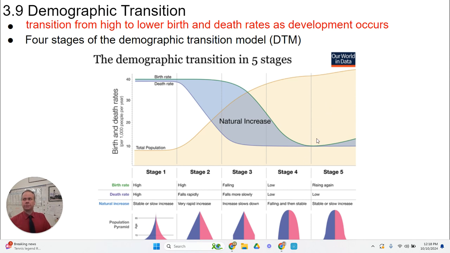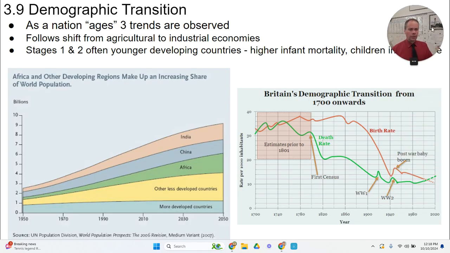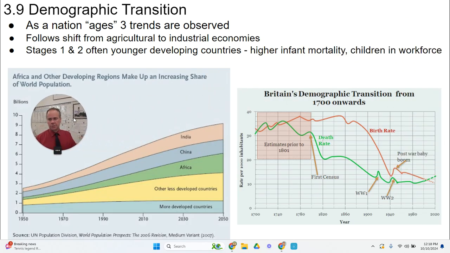Sometimes people split out stage 5, post-industrialization, where we sometimes see a declining population if birth rates drop below death rates. But that's in some models, but not in others. So this demographic transition model provides these trends.